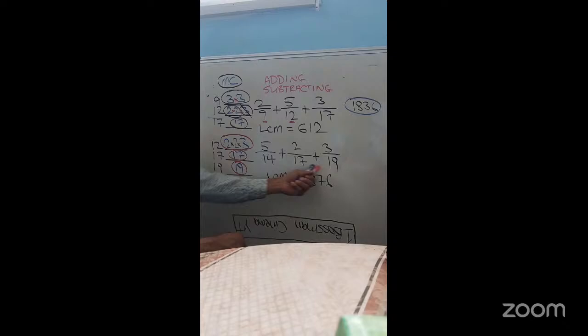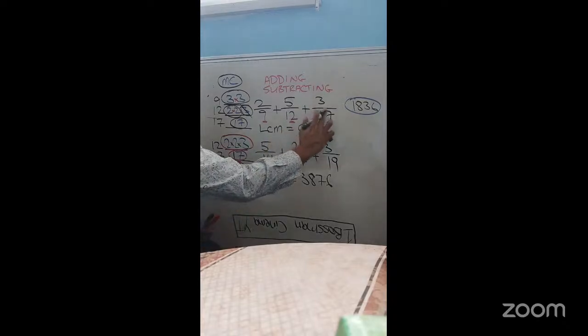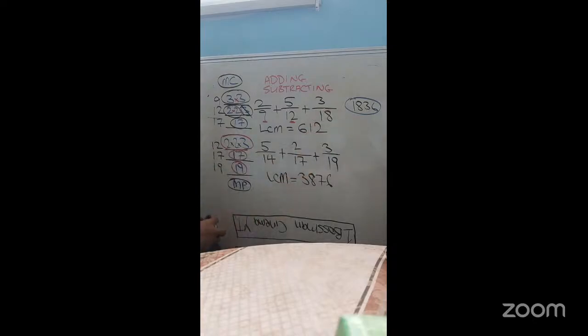So if the majority is prime, you still have to multiply everything. Right? Now if this is composite, composite, composite, you would have to break it down to get what the proper LCM would be. Right? That's if they were all composite.